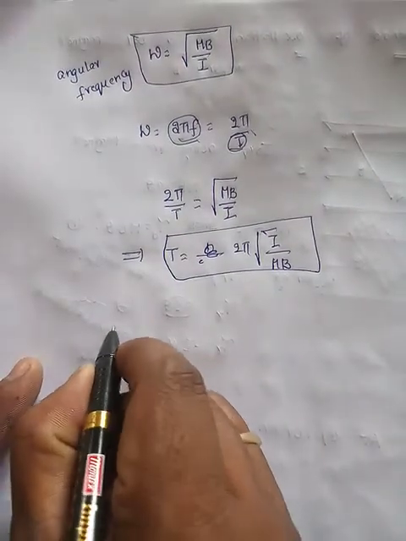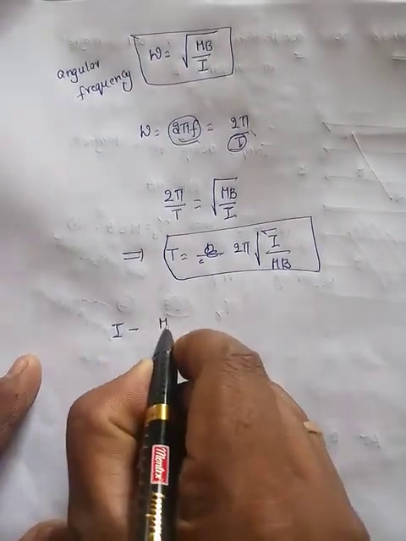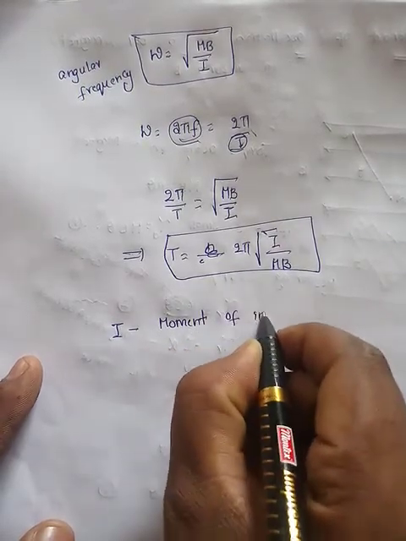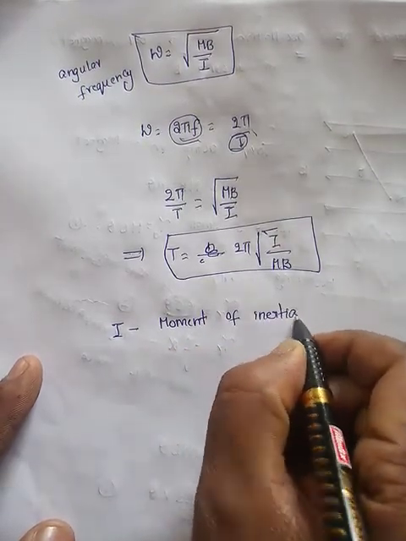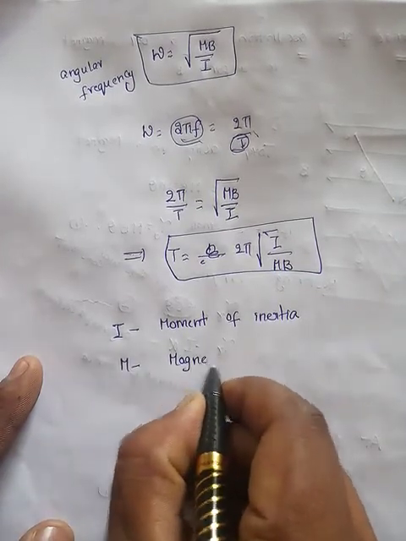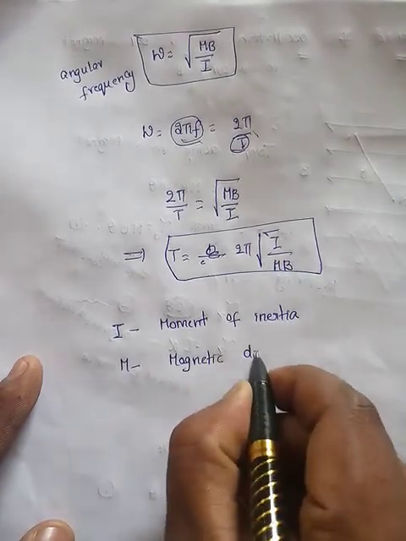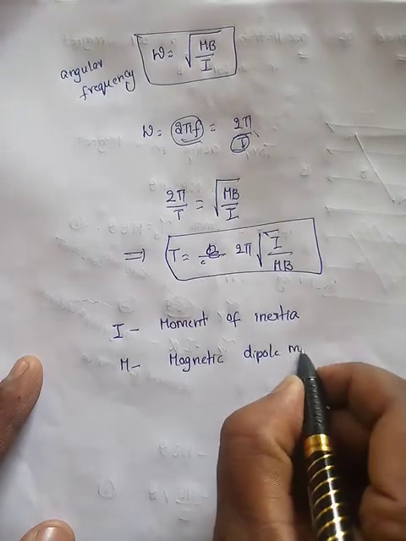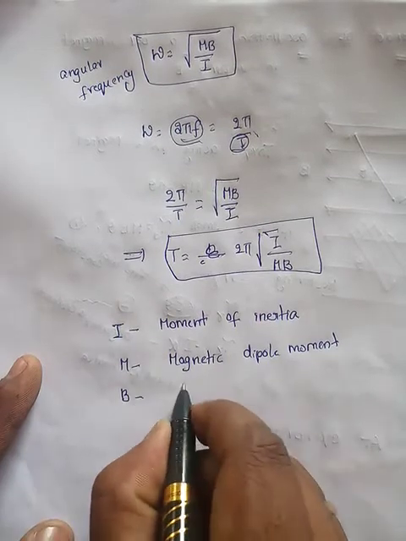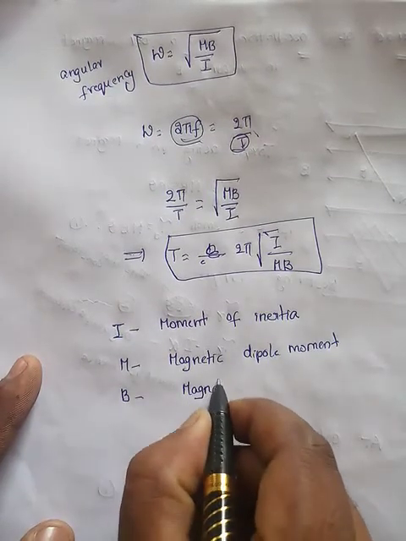Here you should not get confused. What is I? It is not current. I is the moment of inertia, M is the magnetic dipole moment and B is the magnetic field.